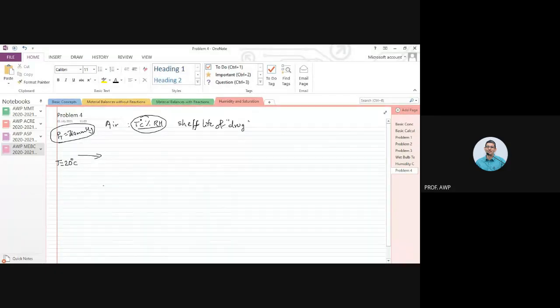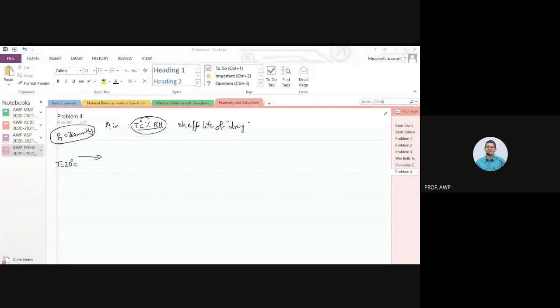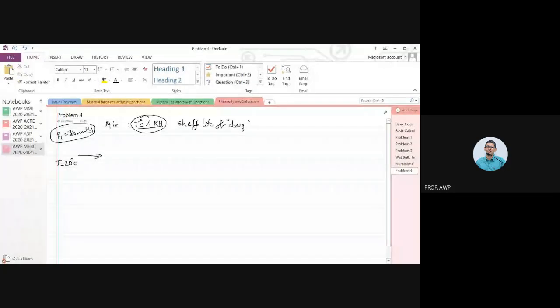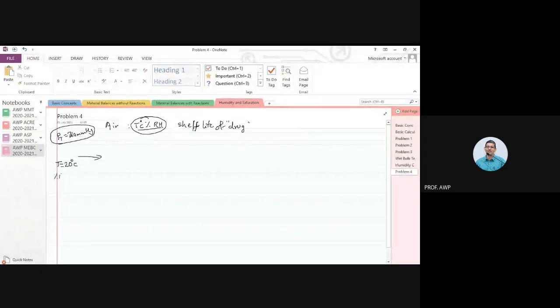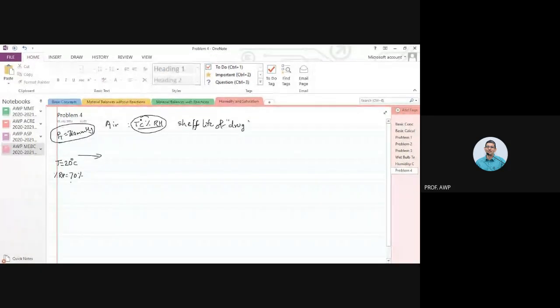Okay, let's say the temperature is 20 degrees centigrade, ambient air, and percent RH is, let's say, 70%. We would like to do something to this air.